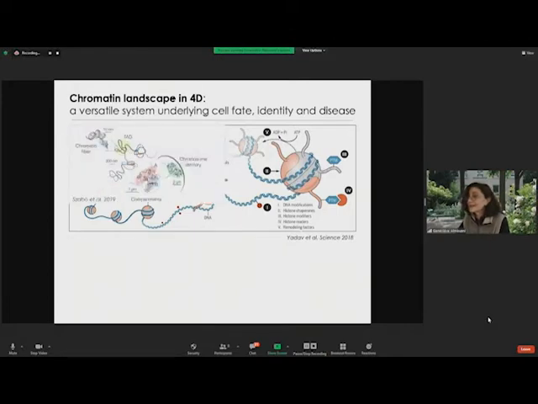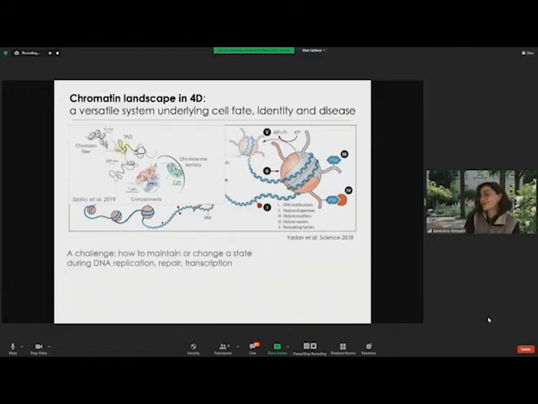Having said that, we now also learn, and you heard about it before from Amos Tanay, that the organization in the nucleus has to take into account chromosome territories, TADs, and the chromatin fiber, as much as we understand. The challenge we are facing in each cell is to understand how you maintain or change a particular state during DNA replication, repair, and transcription.